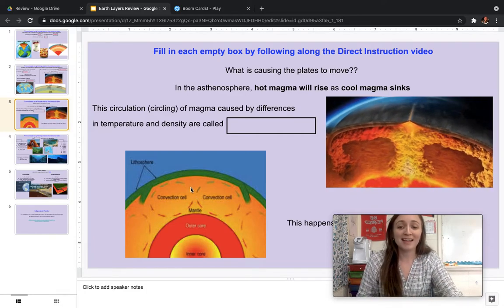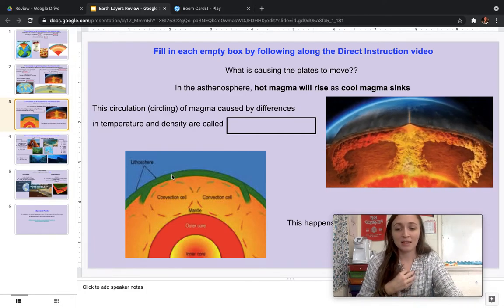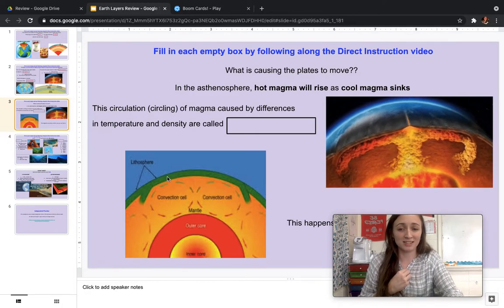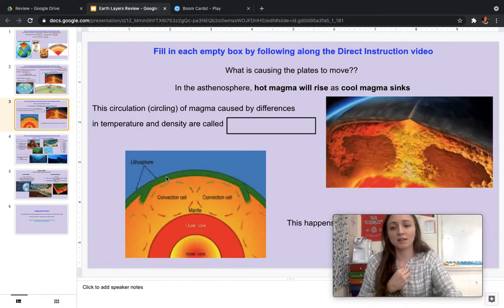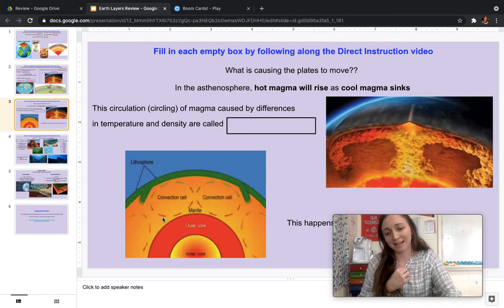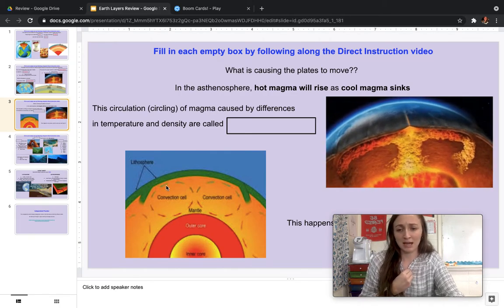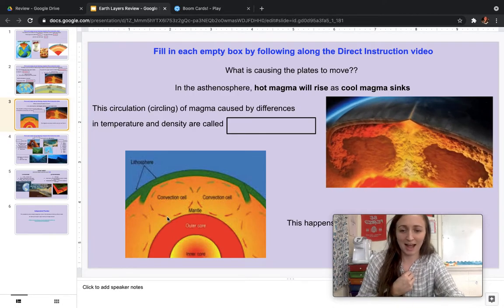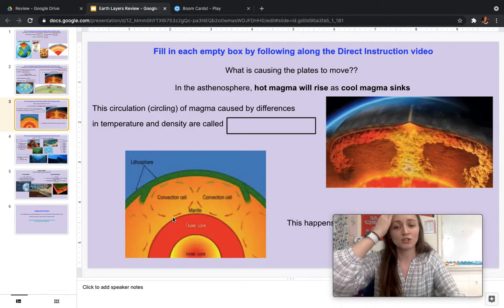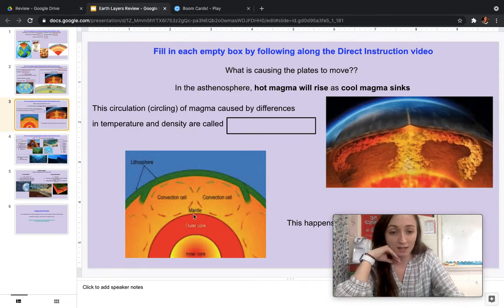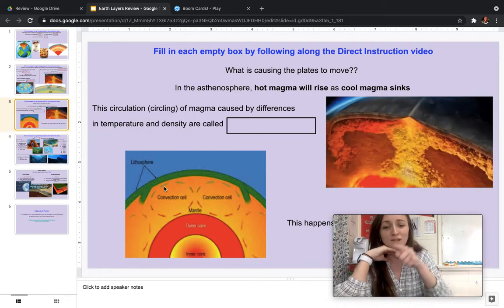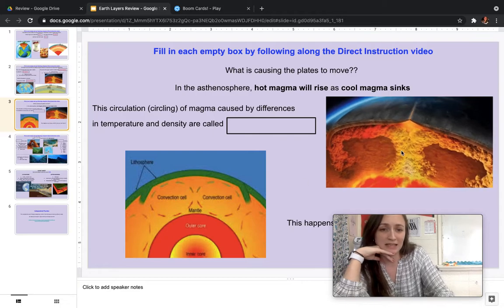While that is happening, at the same time, the magma that is up toward the top, the cool magma, is going to rotate back down toward that inner core because it's getting cold up here. It needs to be heated up. So it's going to move back down toward the inner core. As this magma is in constant motion, it's creating a cycle just like this.